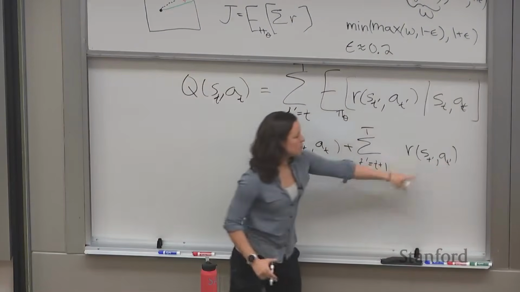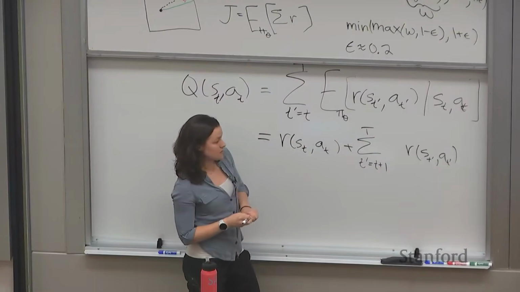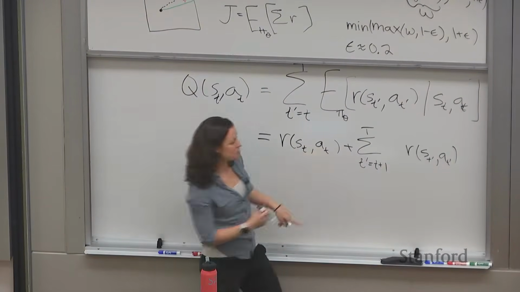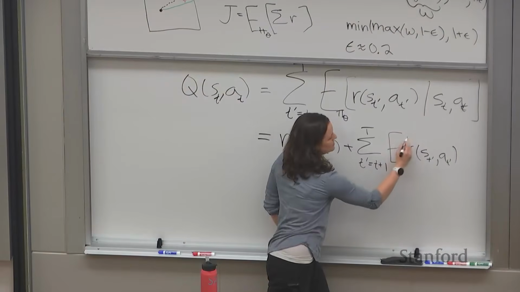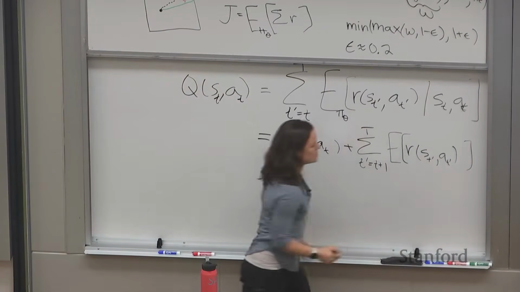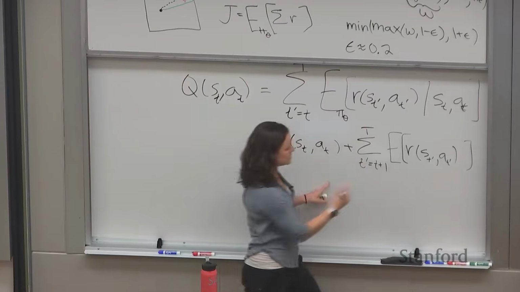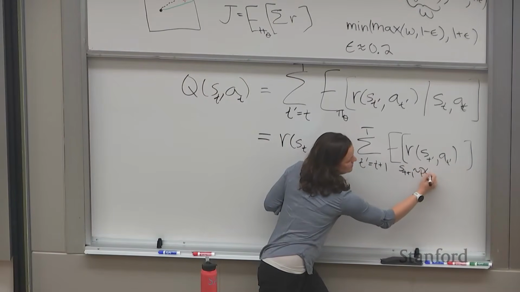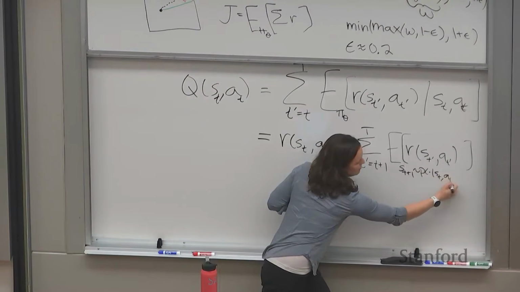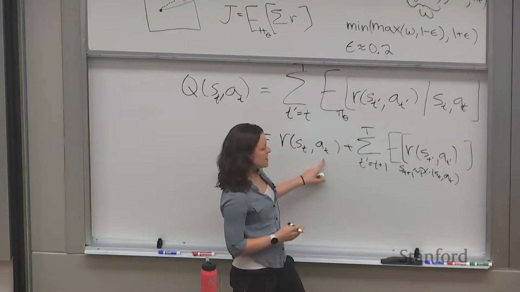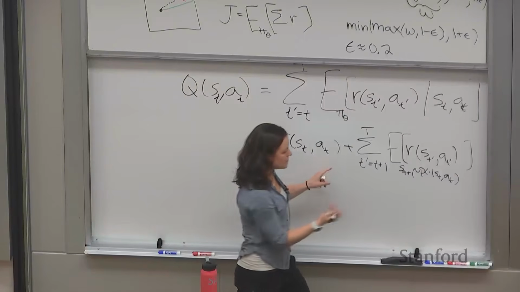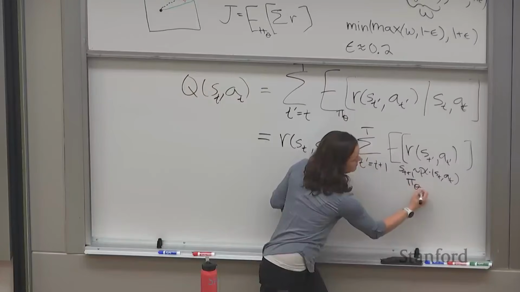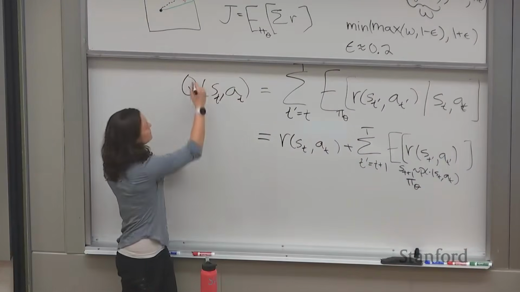Now, for this sum of future rewards, this would now need to be an expectation after S_t, A_t. So for this one, we would need an expectation if we were starting from S_t plus 1 under the dynamics and the remaining actions and states sampled from pi theta.